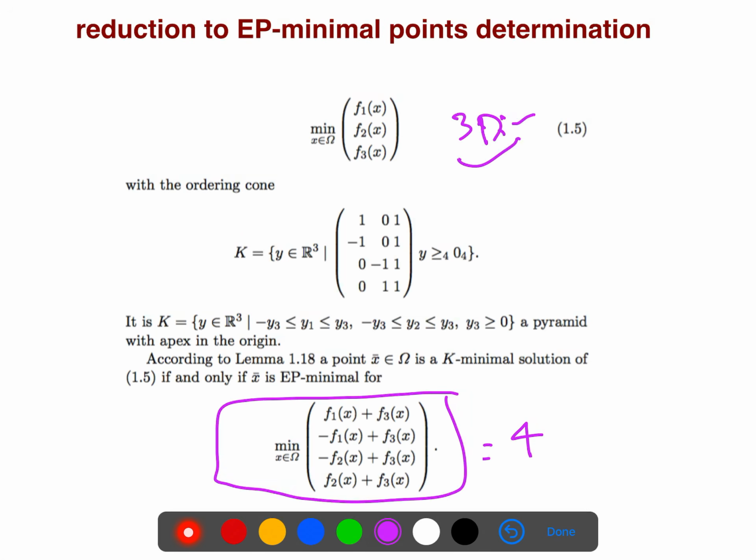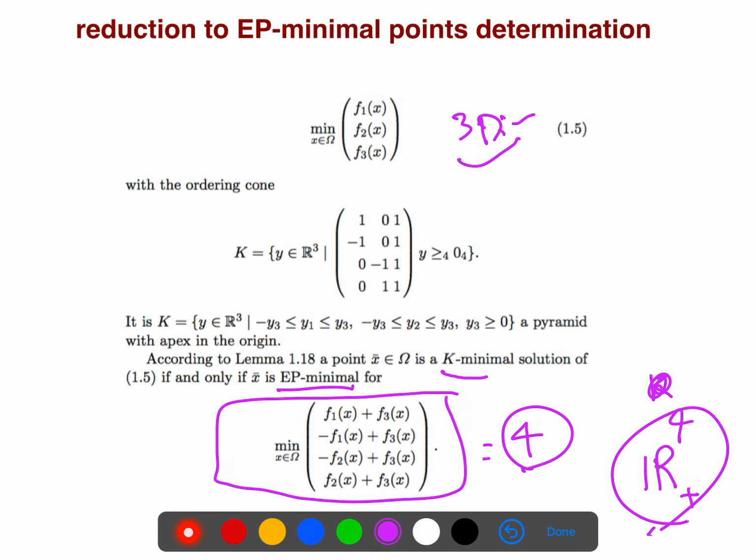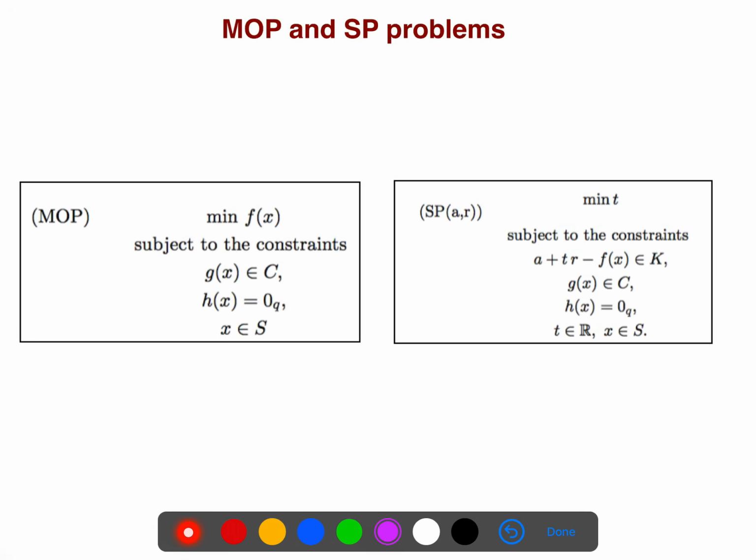But because in this problem our cone has become the positive orthant only, your cone is very simple, and that's the gain you get.